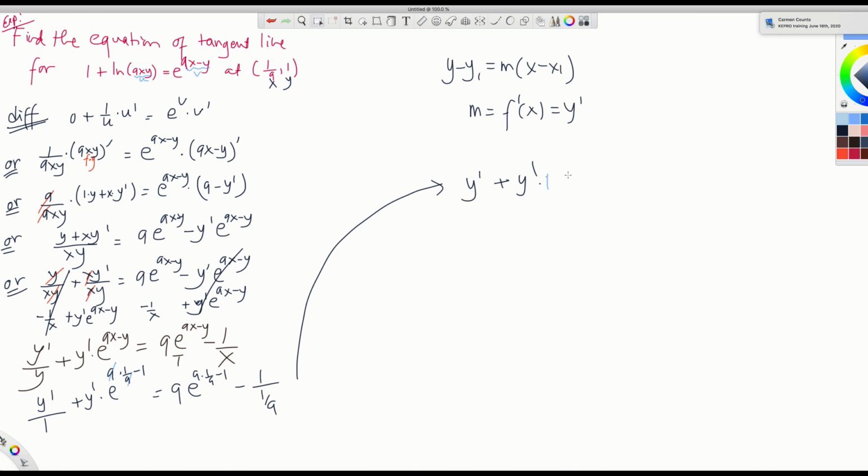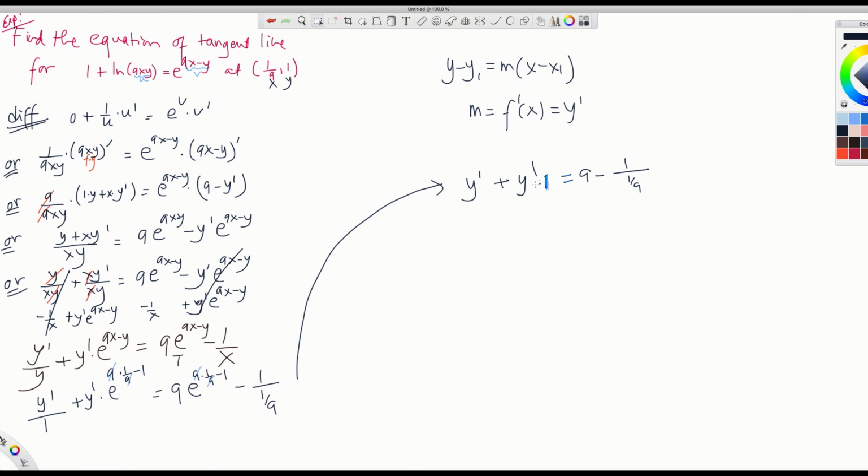You see that? And equals to, similarly here 9 and 9 cancel out. E to the 1 minus 1 is 0. So e to the 0 is 1. So 9 minus 9. You see that? What do you get? So times 1, right? That is 1 equals 9 minus 1 over 1/9.